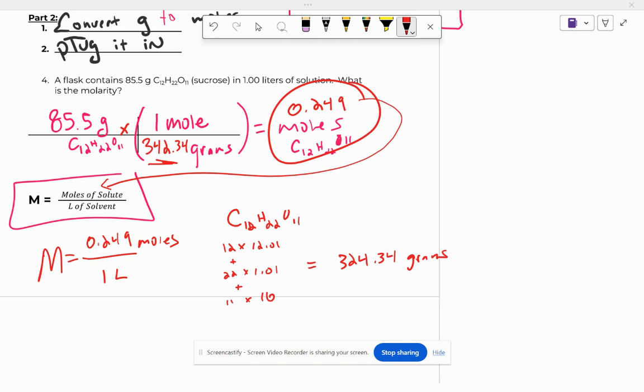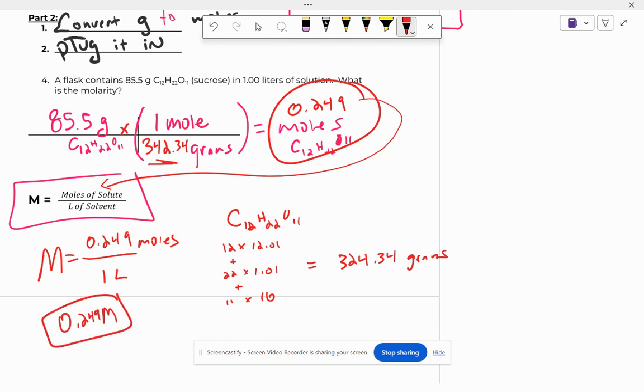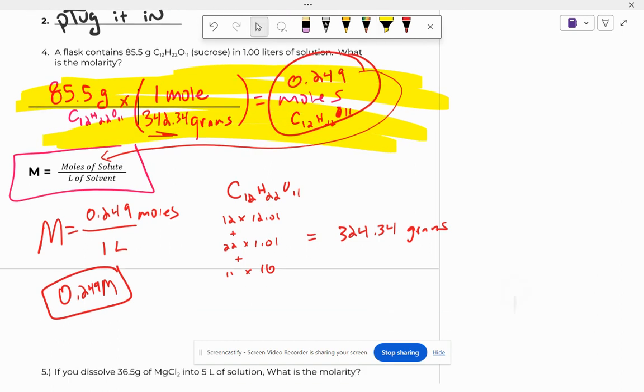So our answer is the molarity is 0.249 big M. Final answer. The only step that we're adding is this right here off the top, this conversion.